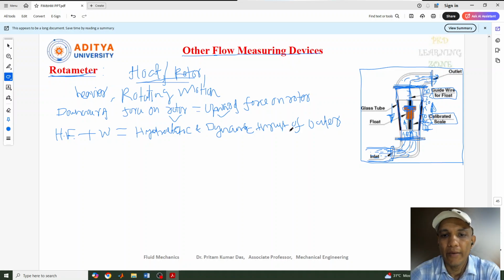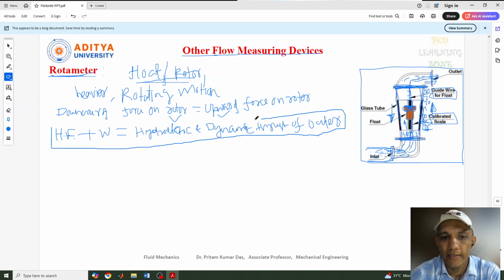So this should be equal, so that this rotor will be in the balanced, or steady position.